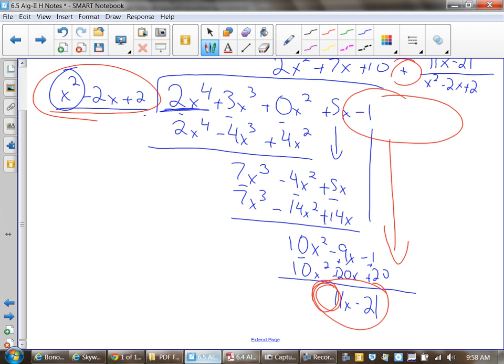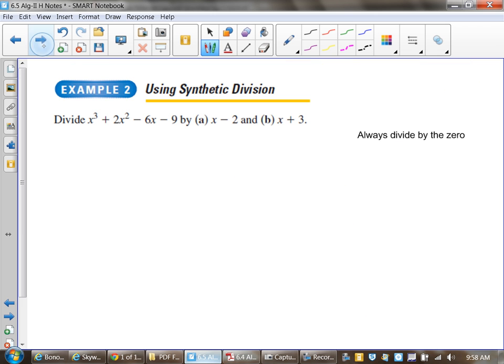Now, using synthetic division, you don't have to worry so much about larger polynomials. When you're using synthetic division, we're usually dividing by a binomial.